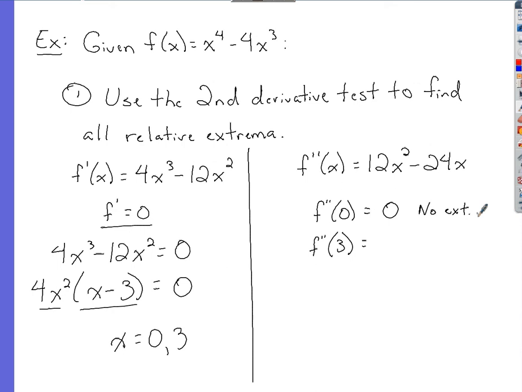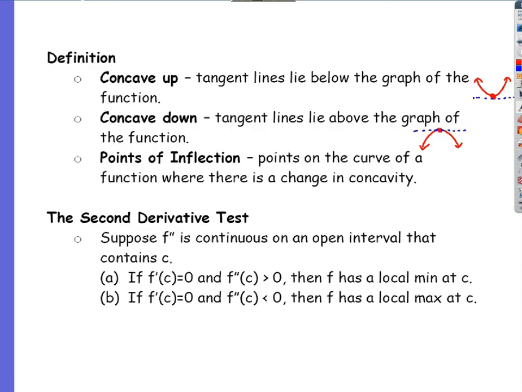But we find when we plug in 3, do the math, we should get 36 back. That's positive. So when it's positive, let's go back to the test here. It says if f prime of c equals 0, so we found our value of c, that value of c was 3, right?